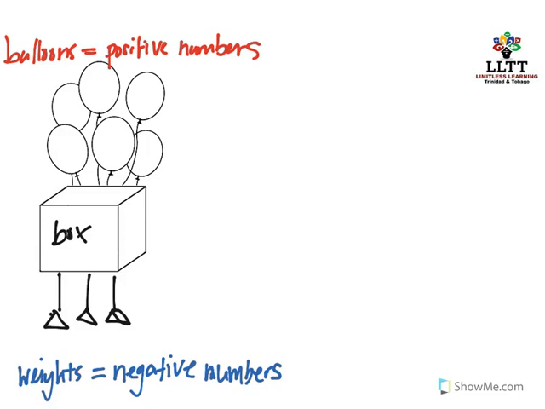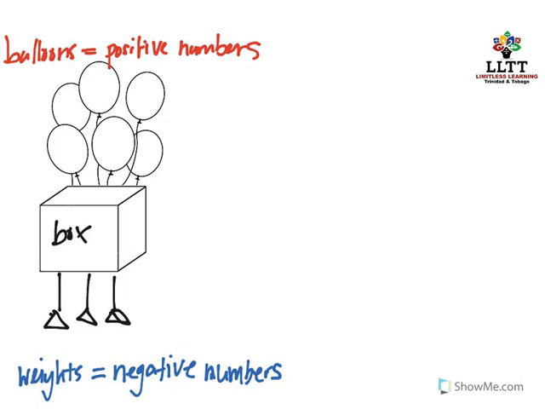So when we're adding positive numbers, that's 1, 2, 3, 4, 5, and so forth, right? When we're adding positive numbers, it is as though we add balloons. If you have more balloons or you add balloons to the mix, it's going to cause this box to rise. So the more balloons that you put, or the more balloons that you attach to this box, the more the box is going to rise, or you think of rising as the box getting larger.